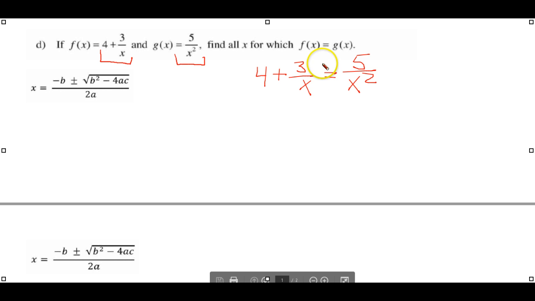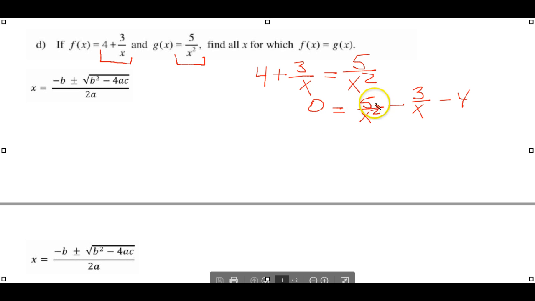Well, to get us started, I think we could just take these terms and bring them over to the other side. So this is going to be 5 over x squared. This becomes a negative 3 over x. And this becomes a negative 4. And that equals 0.